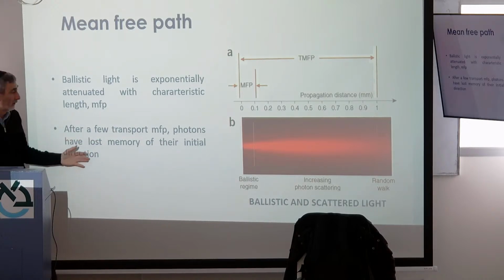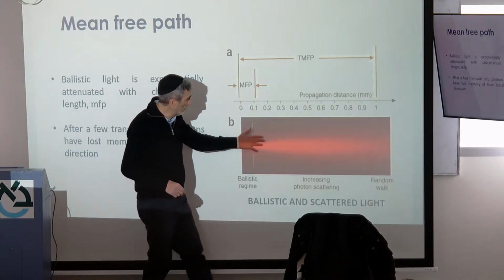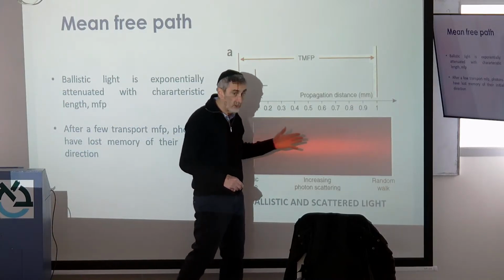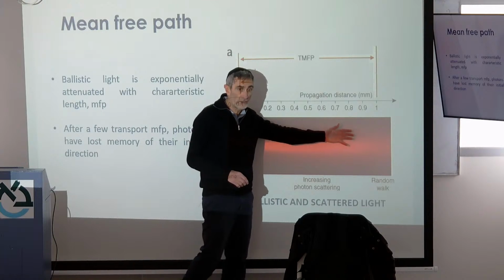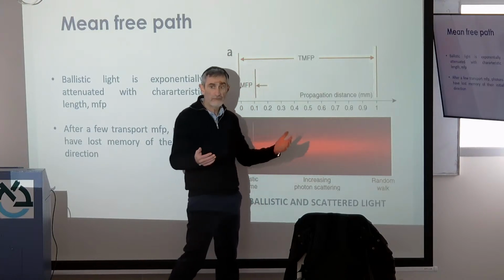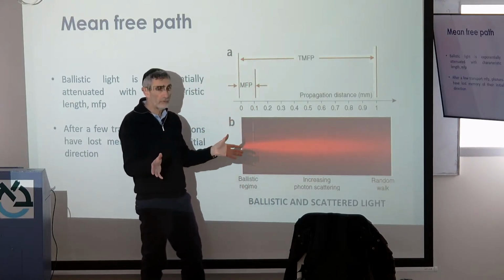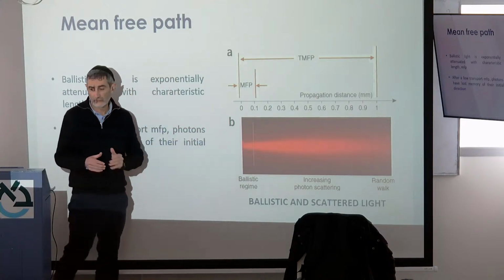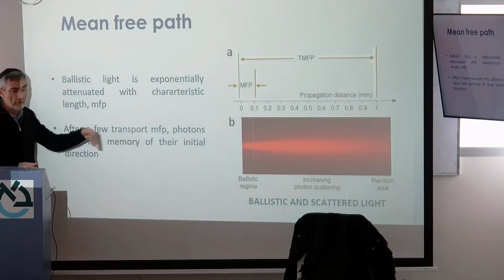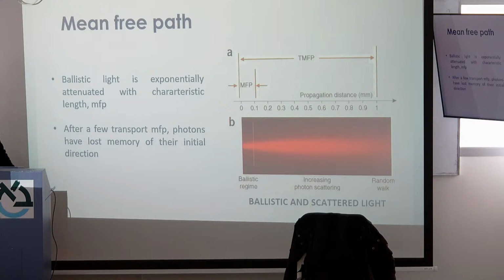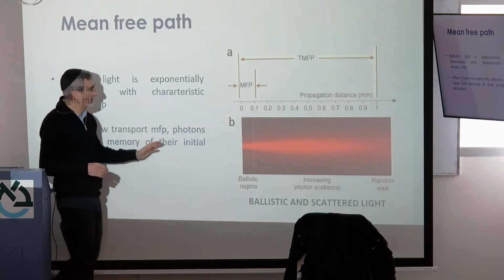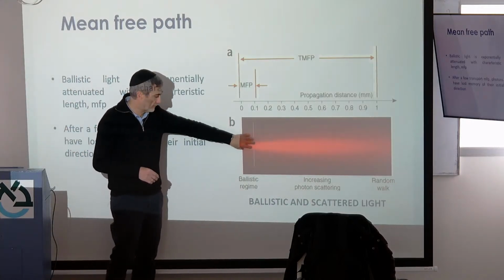Up to 1 mean free path, you still see a progression in that direction, but at some point, after a few mean free paths, it's a random walk, so it explores all directions without any memory of the incident light. That's the issue. What I described until now is imaging with the ballistic light.